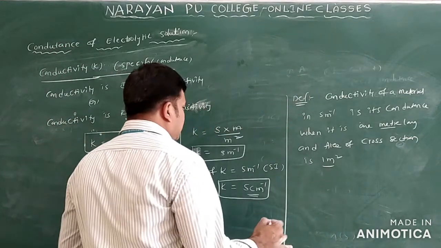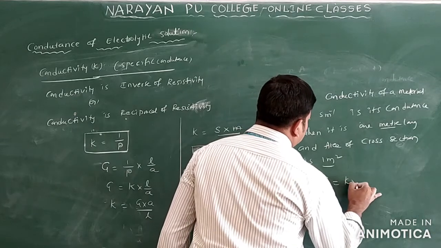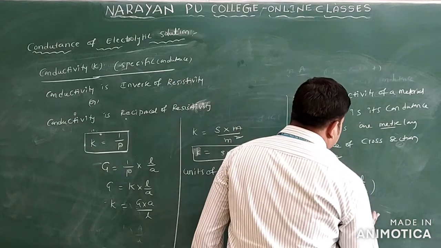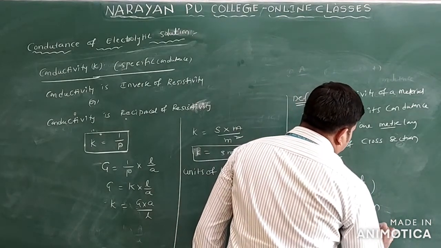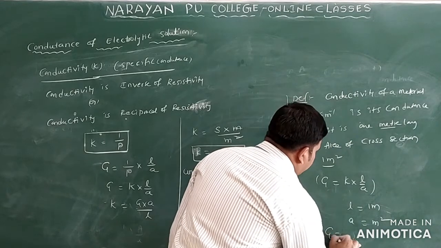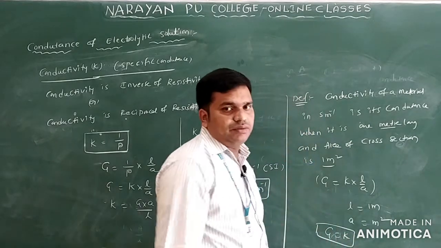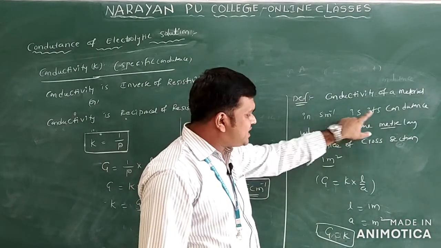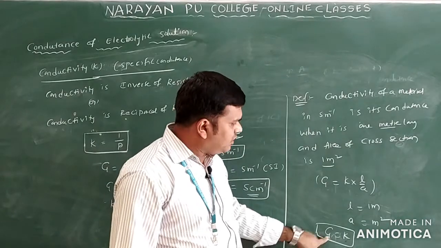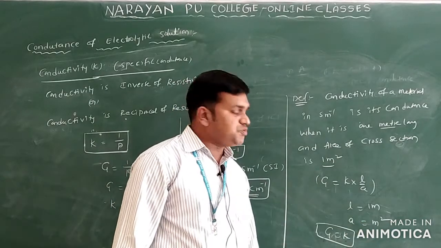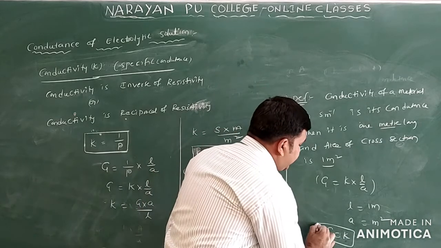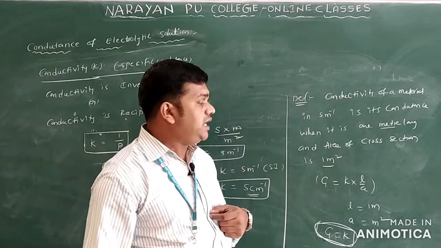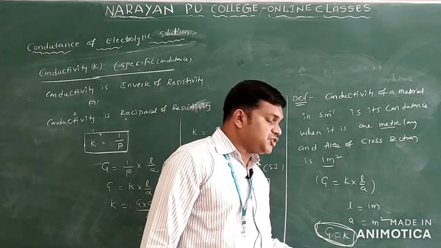Then we get G is equal to K. From this, the conductance and the conductivity are equal when the length is 1 meter and the area of cross section is 1 meter square.